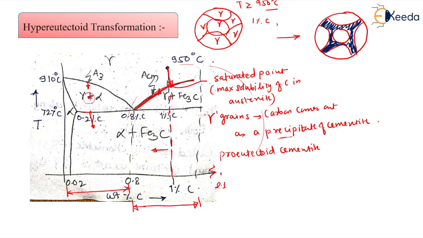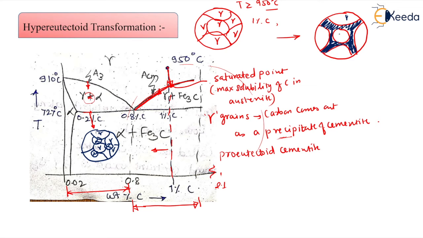In the hypoeutectoid region, there was the formation of alpha at the grain boundaries, we have seen it. This is all gamma, gamma, gamma. But here it is coming out as a precipitate of cementite.